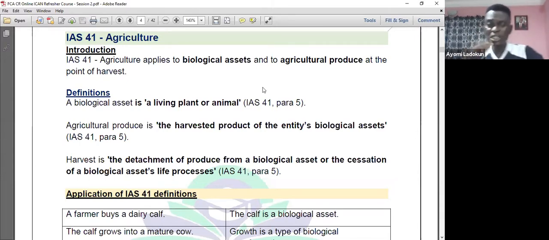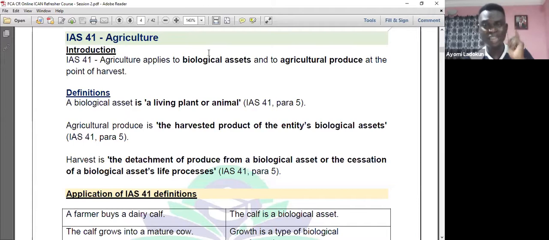Then, what is now the accounting treatment? Listen up. On initial recognition, I'm still taking biological assets, they are measured at fair value, less cost to sell. Can you see that? At fair value, less cost to sell. You need to bring that to your memory.